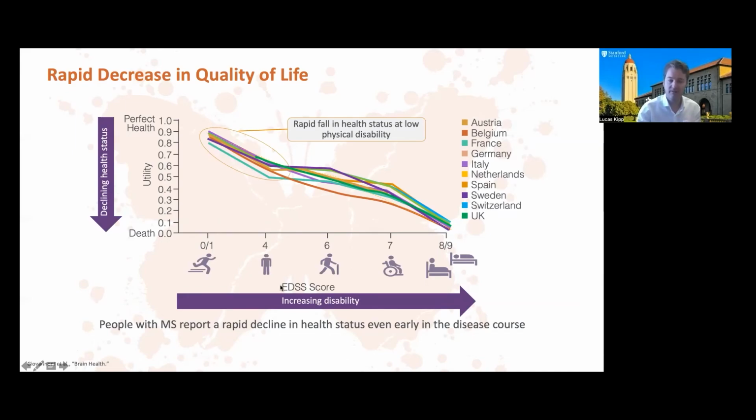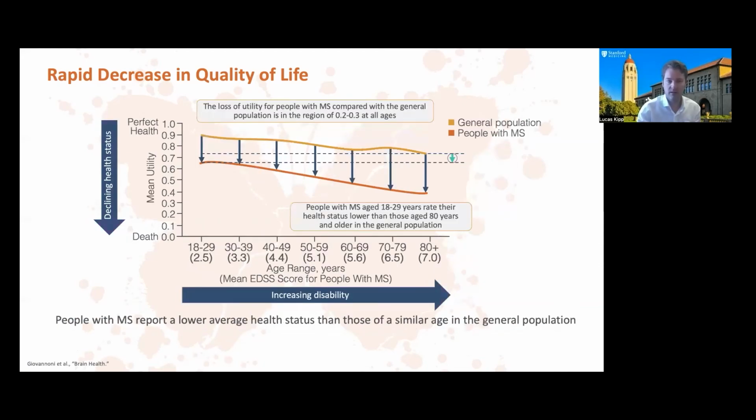Same thing goes when you ask them how they compare to other people in the general population. If you ask MS patients between the age of 18 and 29 how they'd rate their health status, it's the same as how an 80-year-old would rate their health status in the general population.